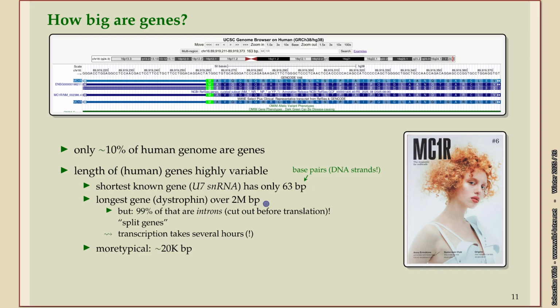The longest one that is known is 2 million bases. That would be an enormous protein, but it turns out almost all of this is actually cut out during translation. So there are these sequences that are called introns. They're part of the gene in the DNA sequence, but they will never end up in the protein because before the messenger RNA leaves the nucleus, there are loops of this cut out and connected again.